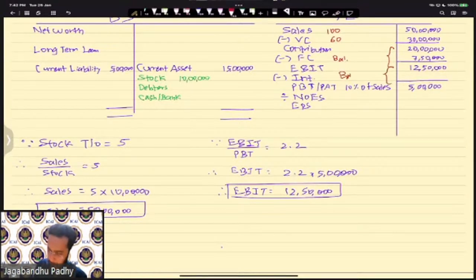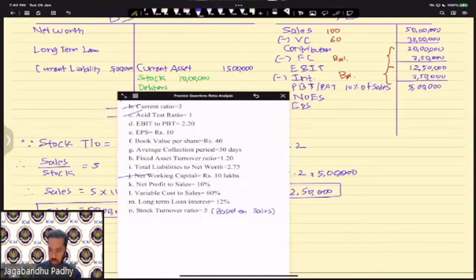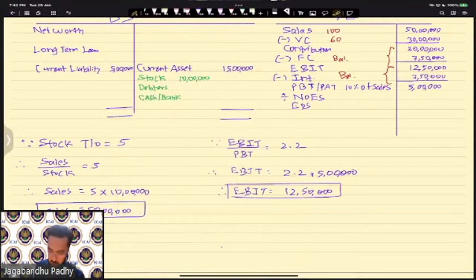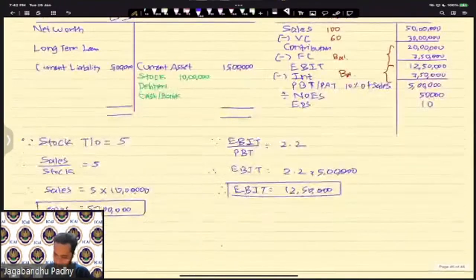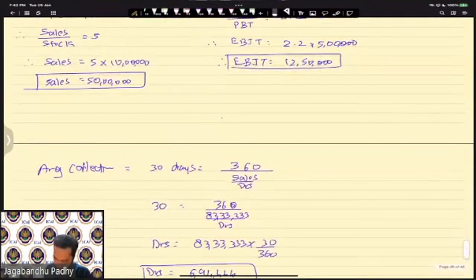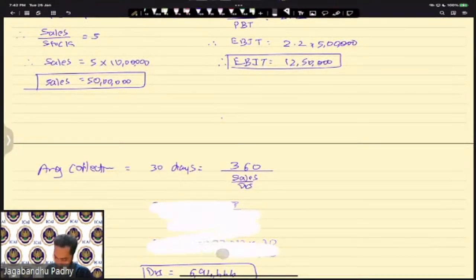The interest is actually 7 lakh 50,000, and they've given in the question that EPS or earnings per share is 10. So if earnings per share is 10, definitely your number of shares would be 50,000. Number of shares is 50,000. Okay, fine.